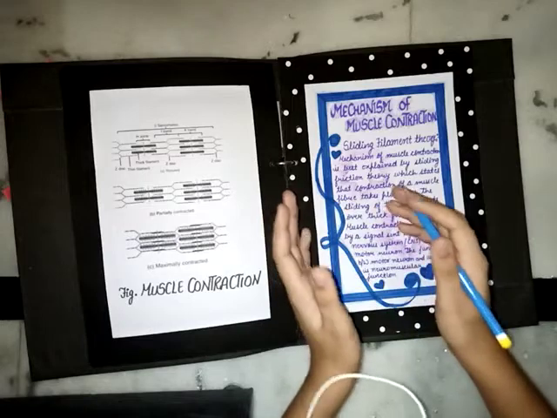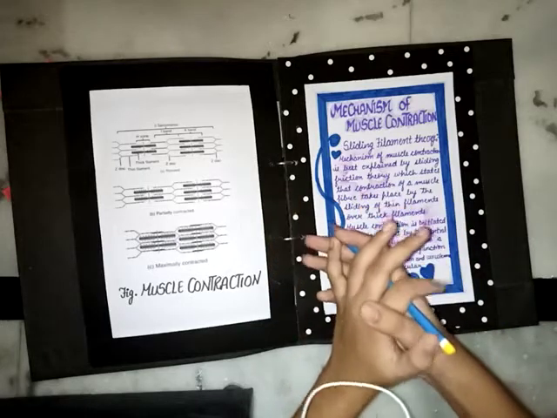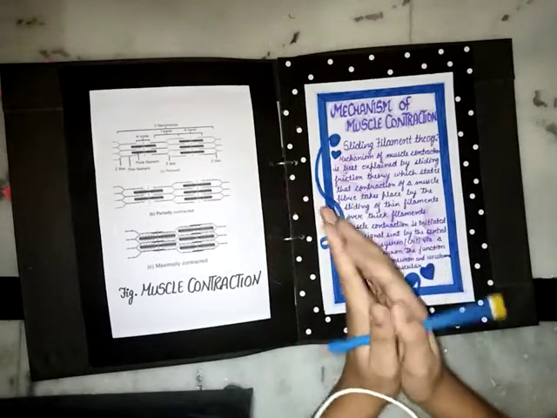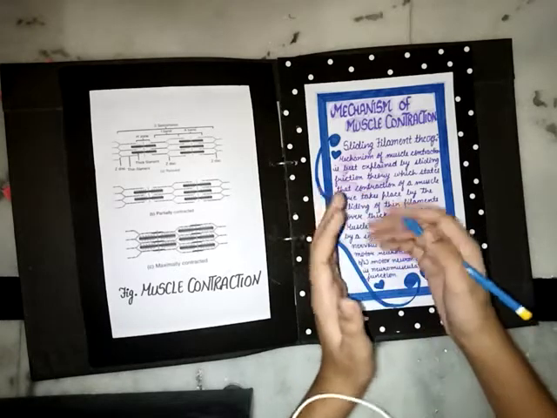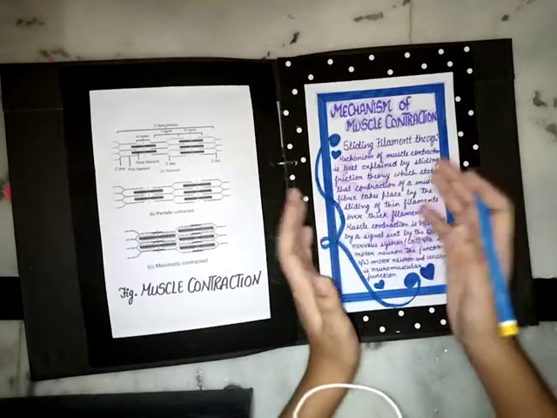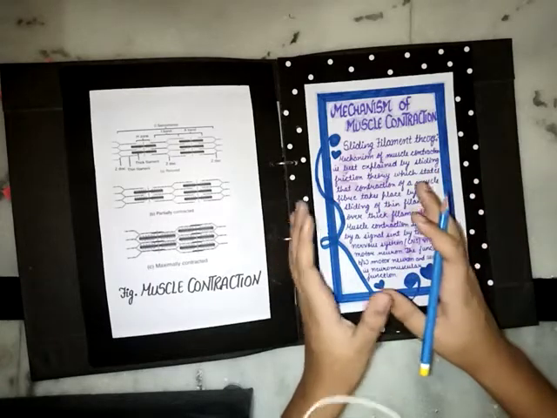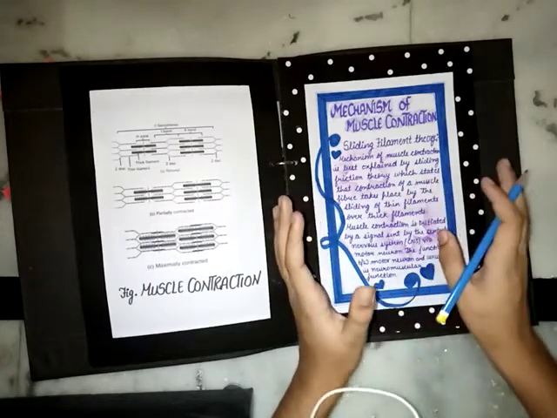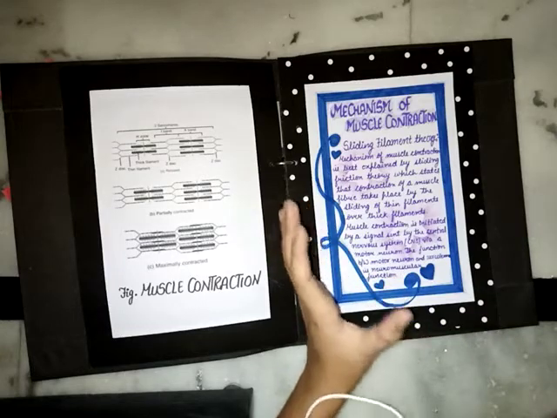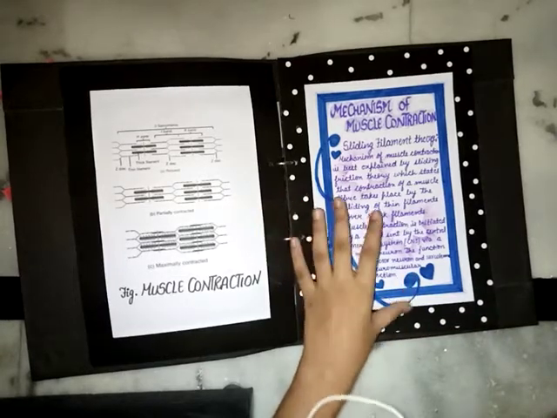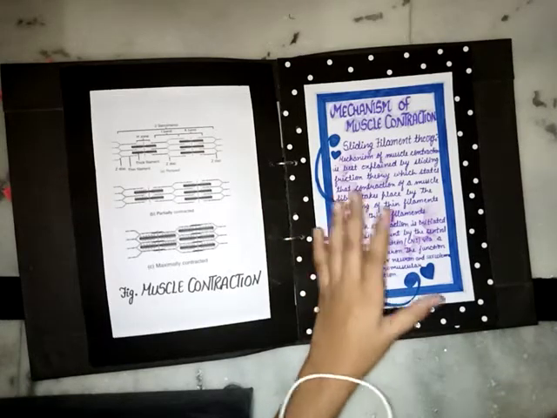The neuromuscular junction is a junction between a neuron and the sarcolemma of the muscle fiber.